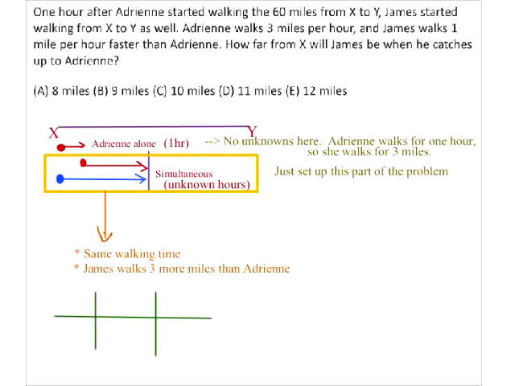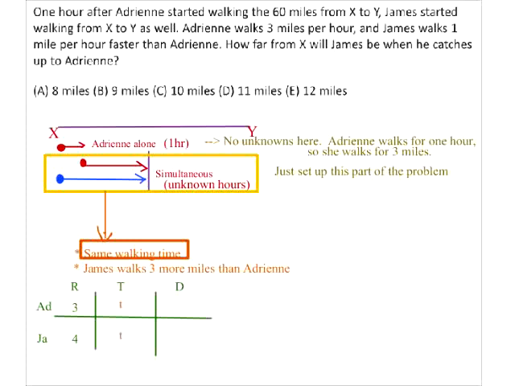This is going to be Adrian and James, and this is going to be rate, time, distance. But now it's the same walking time, so we can just let this be t, and so this will also be t.